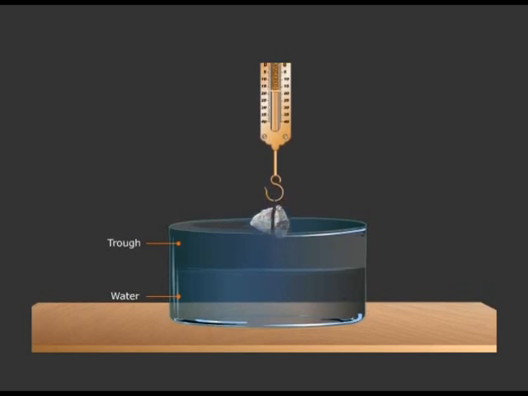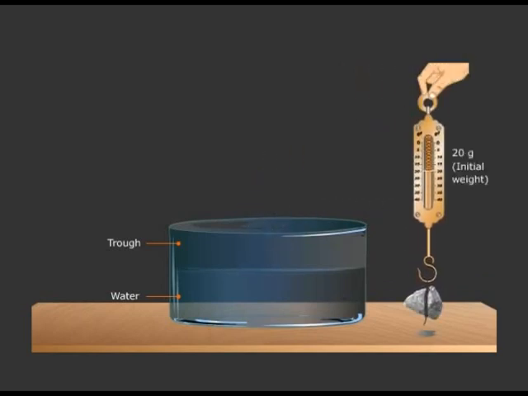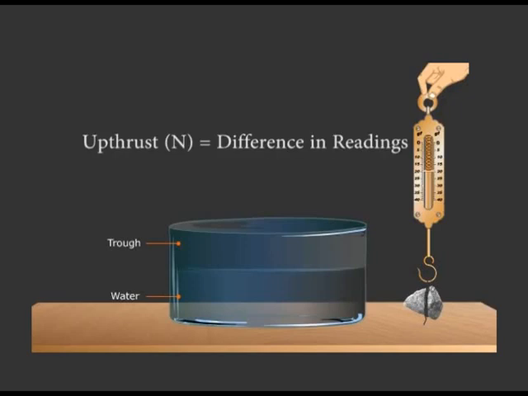Again, if we remove it from the trough, we observe that the reading is back to the original figure. This shows that any object partially or wholly immersed in water or any fluid experiences an upward force called buoyant force, and this force is responsible for the apparent loss in weight of the object immersed in it. The difference in the two readings is the upthrust force.